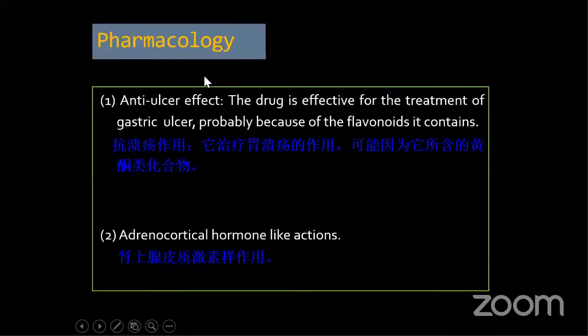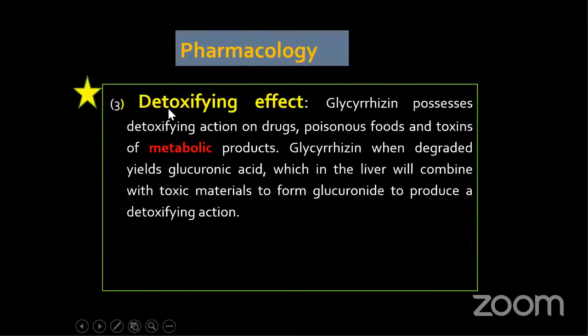Pharmacology indicates that licorice has an anti-ulcer effect. The drug is effective for treatment of gastric ulcer, probably because of the flavonoids it contains, and adrenocortical hormone actions. And detoxify. The detoxify effects are very important.